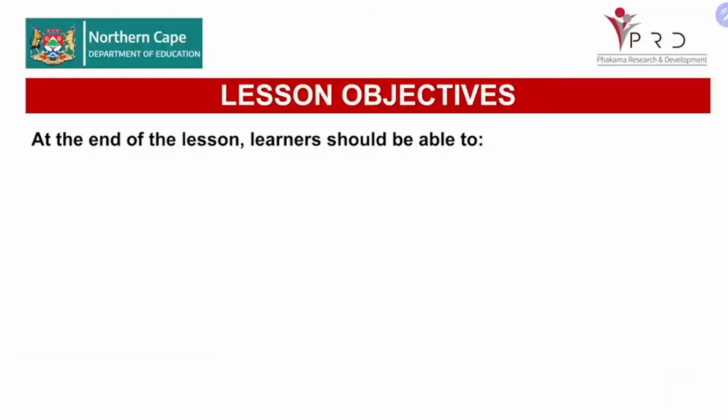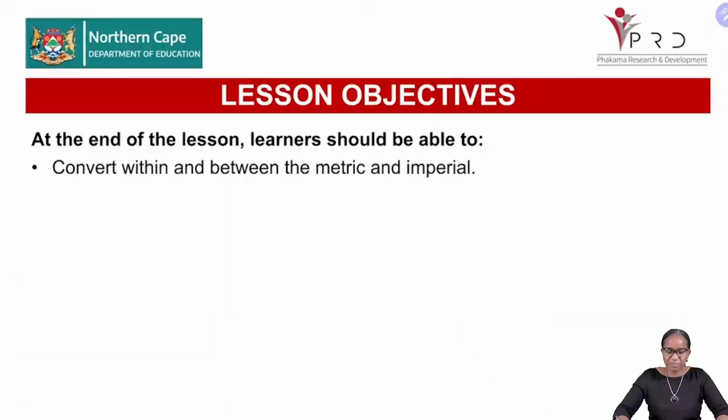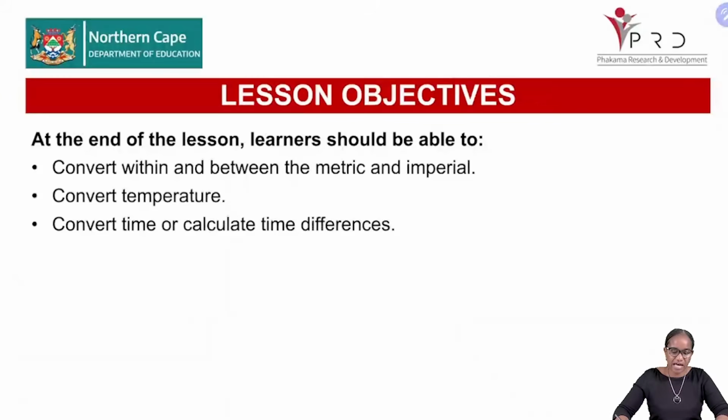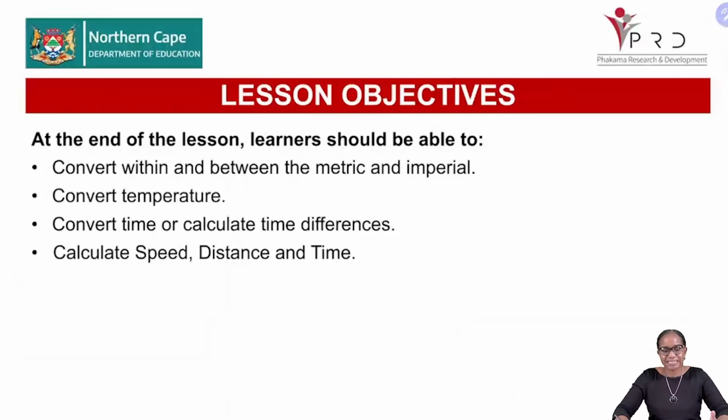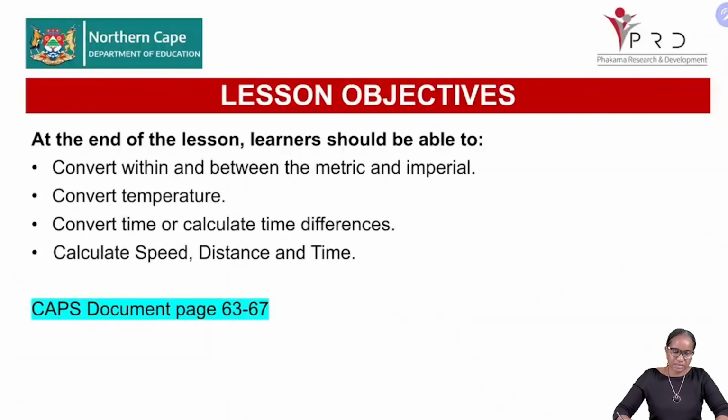Our lesson objectives for the day: you have to be able to convert within and between metric and imperial measurements, convert temperature, convert time or calculate time differences, and calculate speed, distance, and time. This we obtain from the KEPS document from page 63 to page 67.